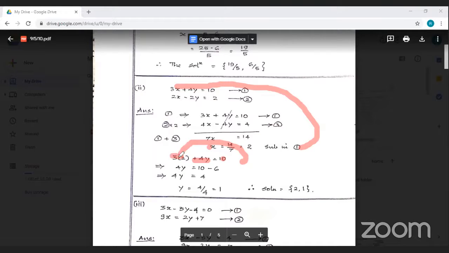Now here 3 into 2 is equal to 6. The 6 will go to that side.